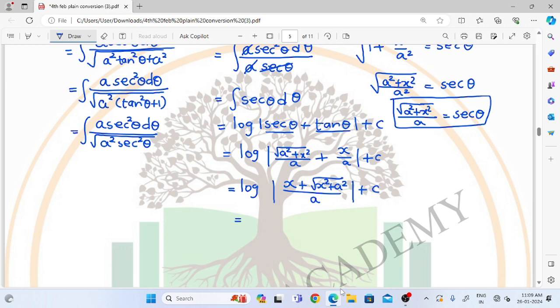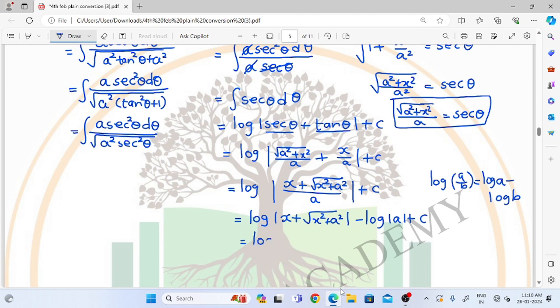Then next we will apply here the log a upon b property of logarithm. So that is nothing but log of x plus square root of x square plus a square, this is a. Okay, what is the property of log a upon b? Log a upon b is nothing but log a minus log b. So numerator is a, denominator is b, so log a minus log b.